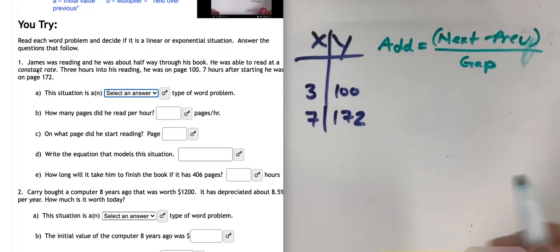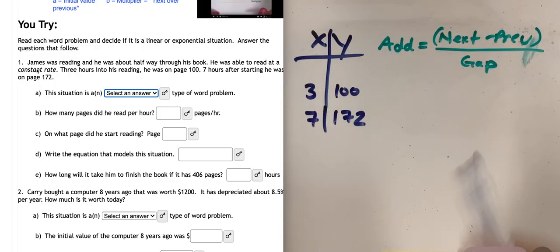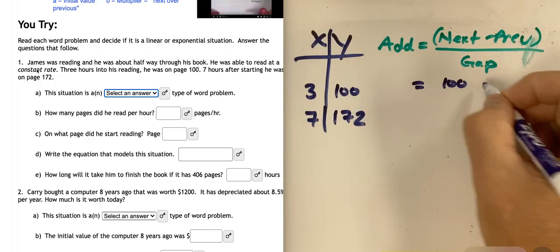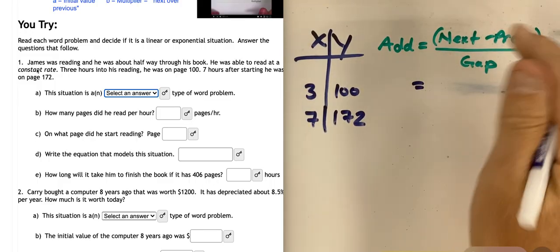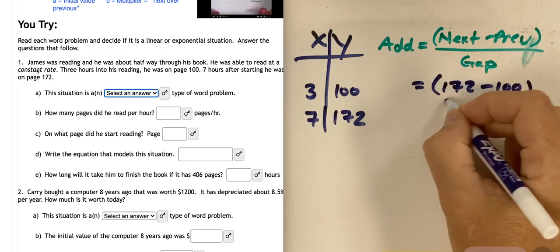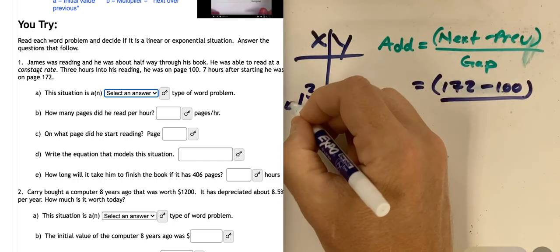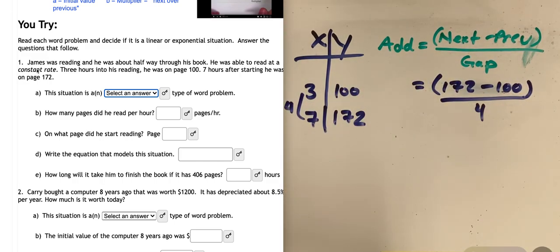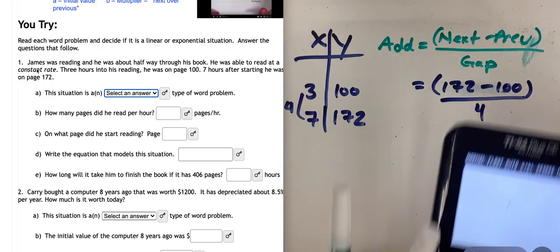So let me pull out my calculator here next. Let's try to put that in there. 100 is my previous. Next is 172 minus 100, and we're going to divide that by the gap, and our gap here is 4. Let's see what we're actually going up by. How fast is he reading these pages per hour?